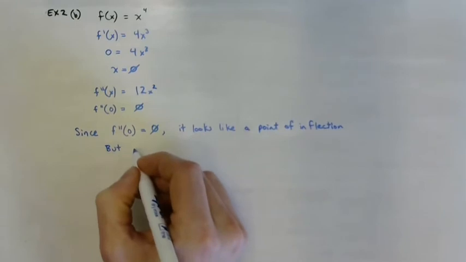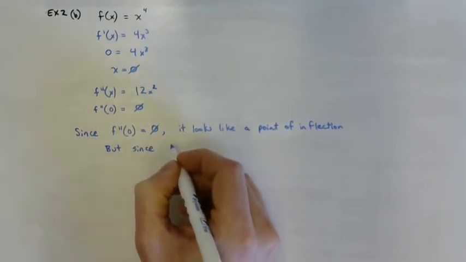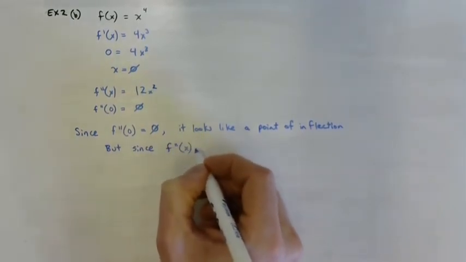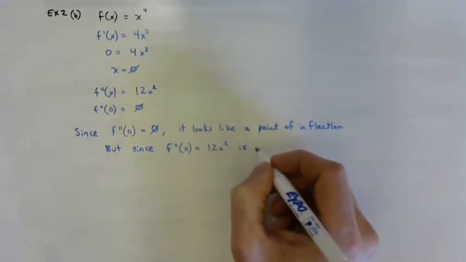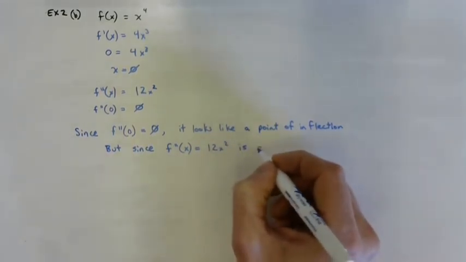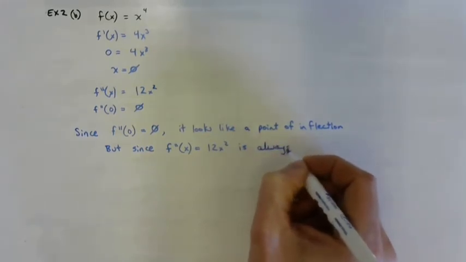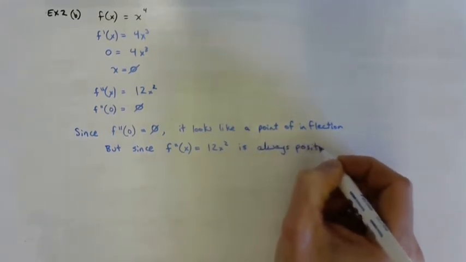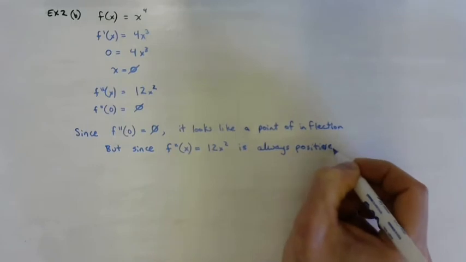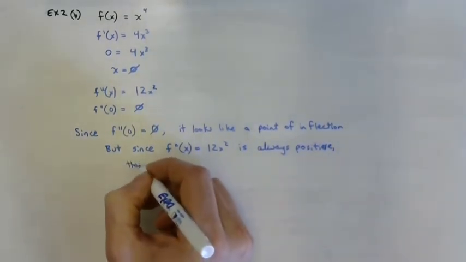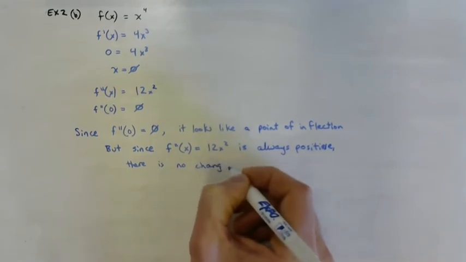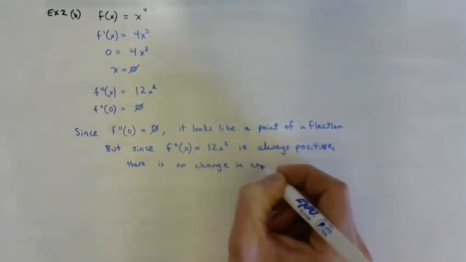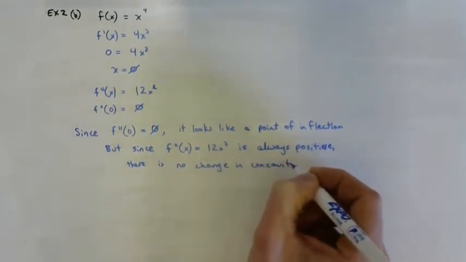But since f double prime of x equals 12x squared is always positive, there is no change in concavity.